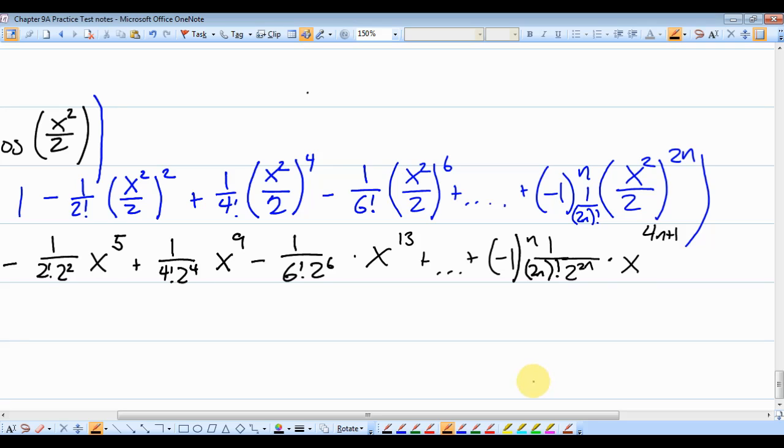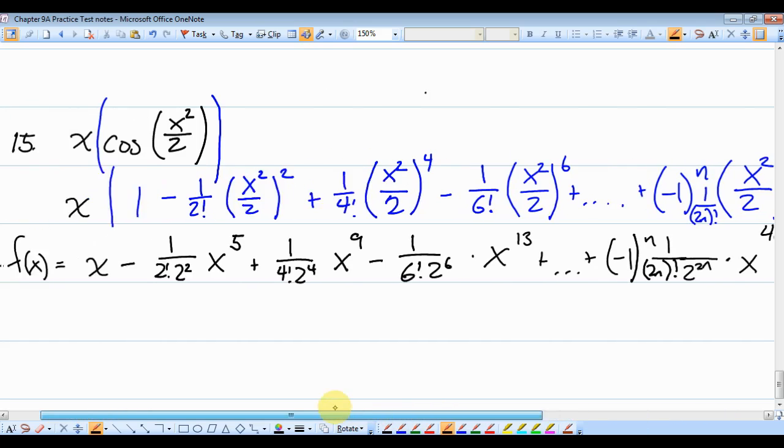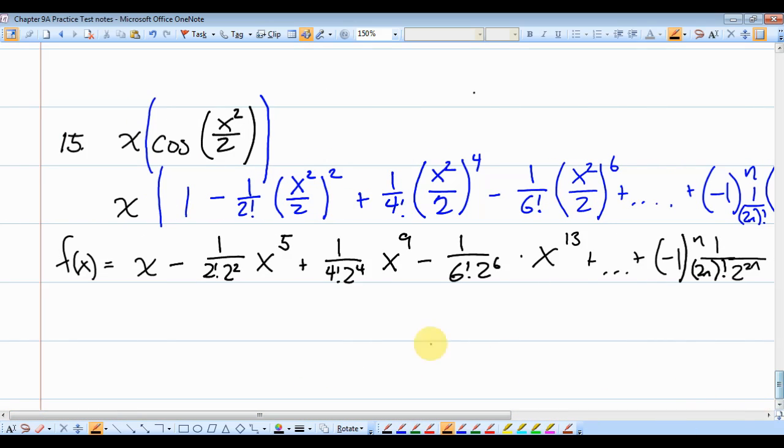The next part of this is just term-by-term differentiation. So f prime is equal to just the derivative of every term.